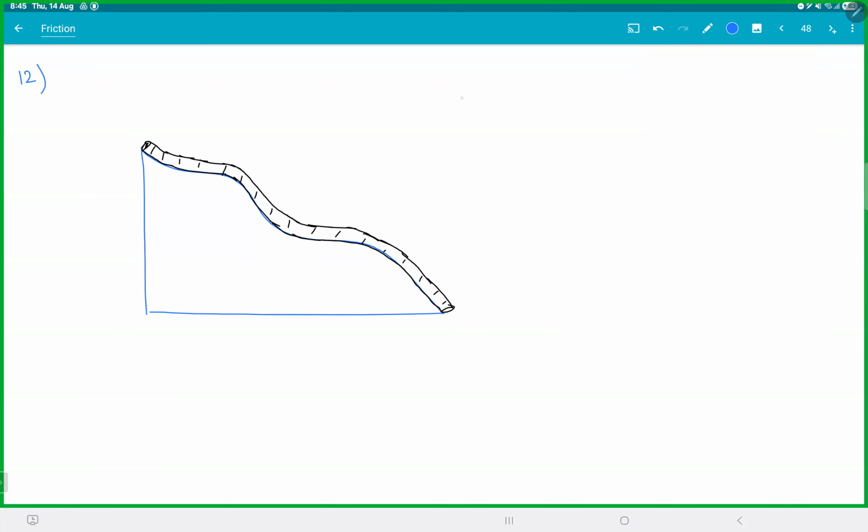It's a uniform rope of mass m. It's a rough surface, mu. This is h and this is L. So this is a rough incline and you kept a rope on it.